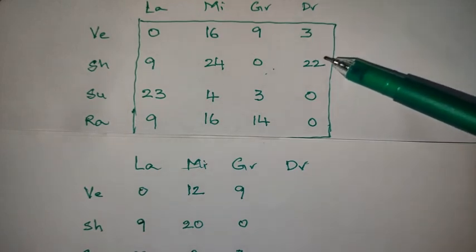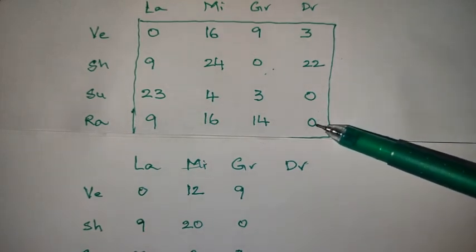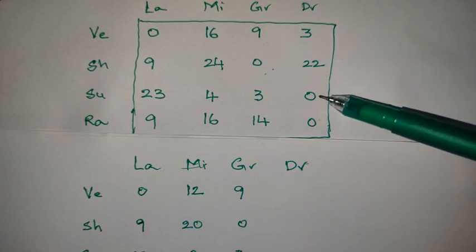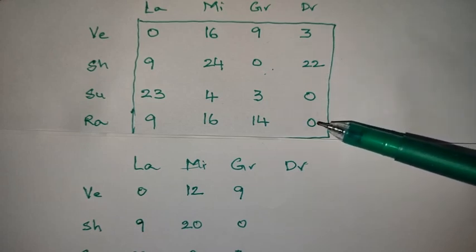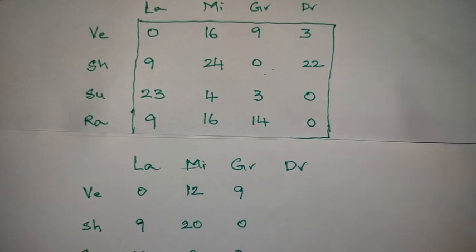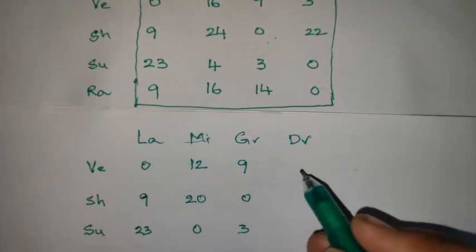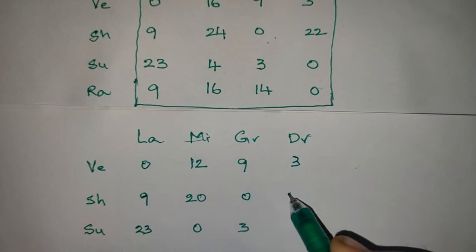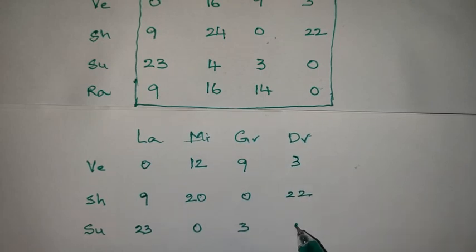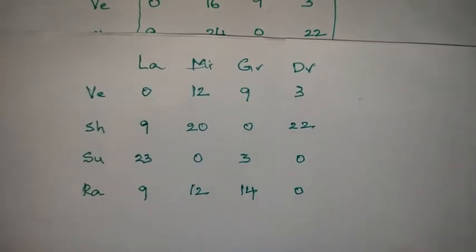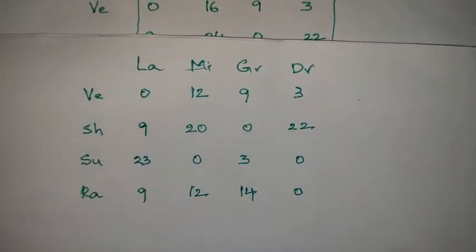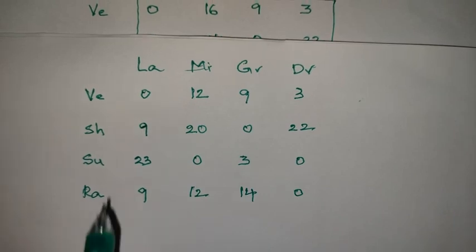In 3, 22, 0, 0, the minimum is 0. So subtract that one, then we will get the same column: 3, 22, 0 and 0. So this is the next iteration of the cost matrix after doing the column reduction.